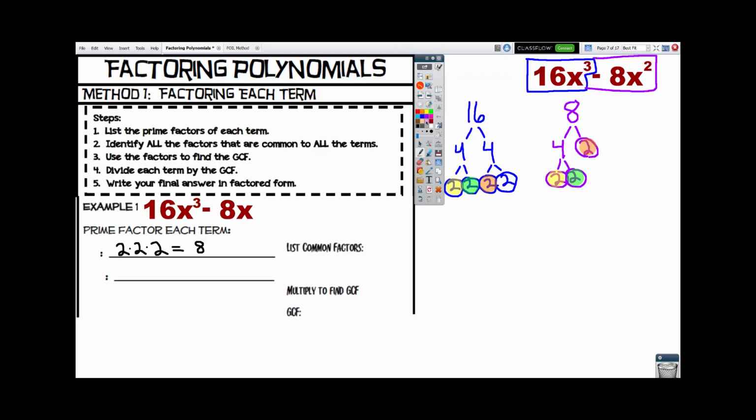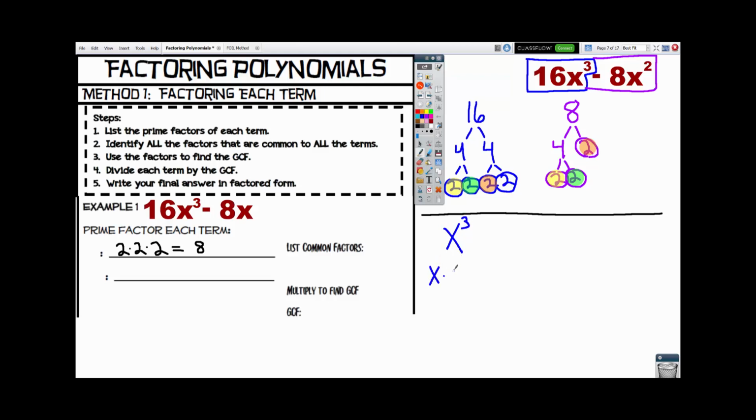Okay, and now we're going to do what we did here with the coefficients. We are going to do with the variables now. Let me go ahead and do this. Draw a line across, and we'll start with the x to the power of 3, and we're going to write that as a list of prime factors.